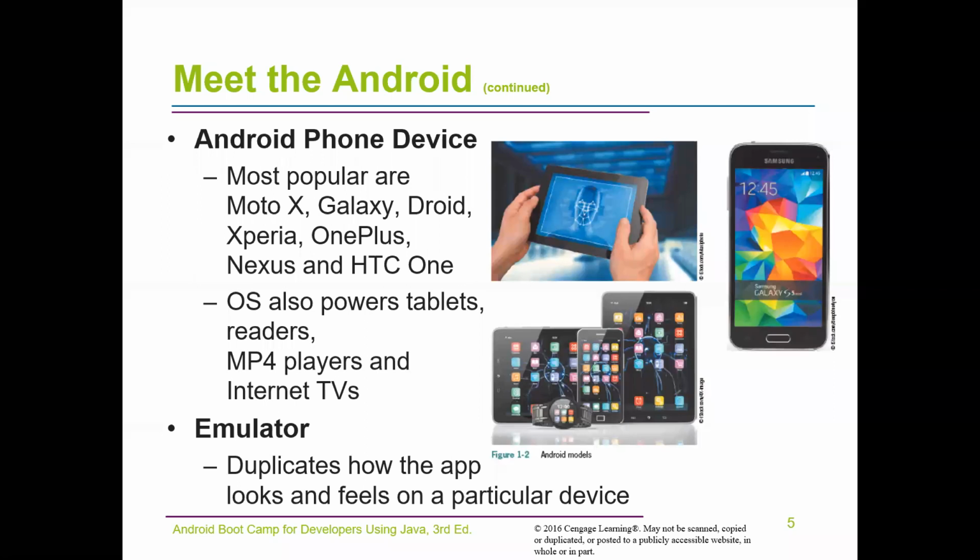And of course, the emulator is one factor that lets you check the as-is version of your app as you deploy it, or if you're uploading it to a marketplace, considering that it's finished.